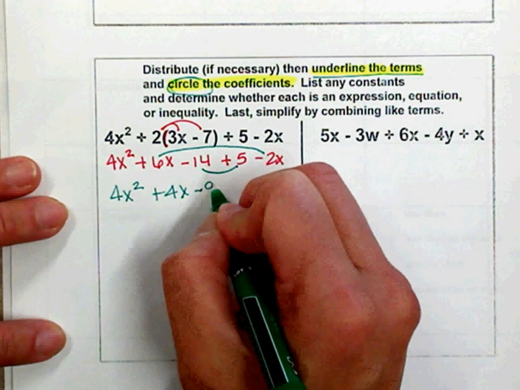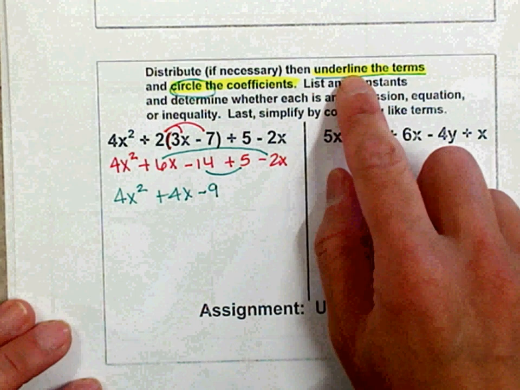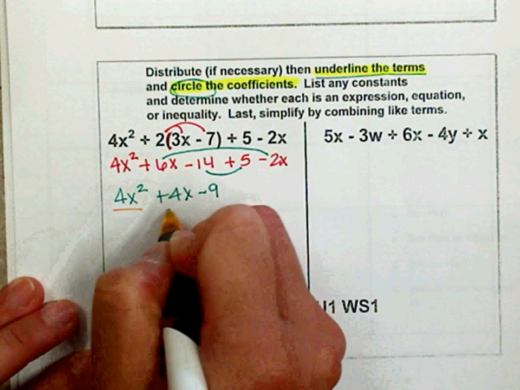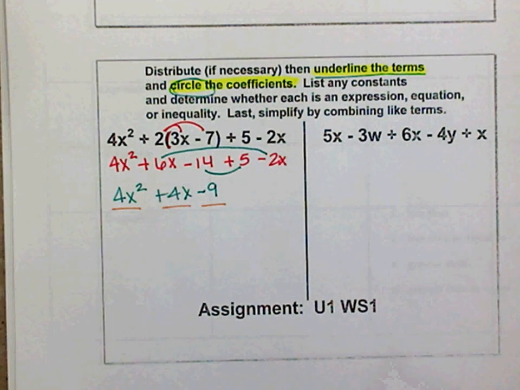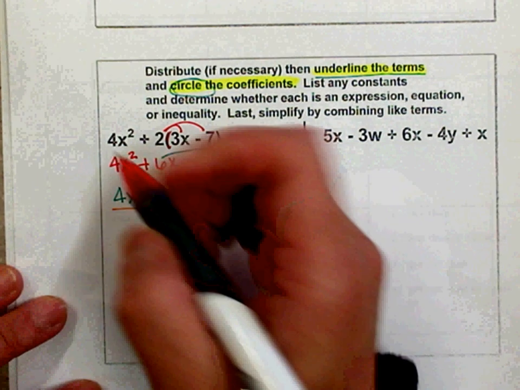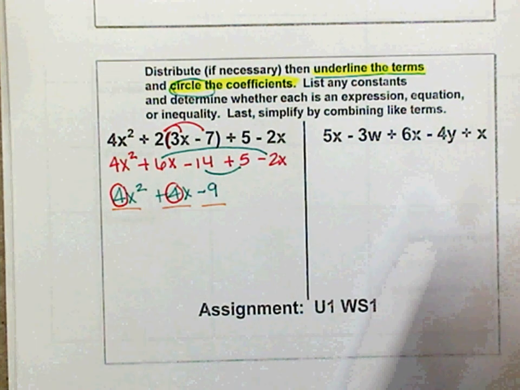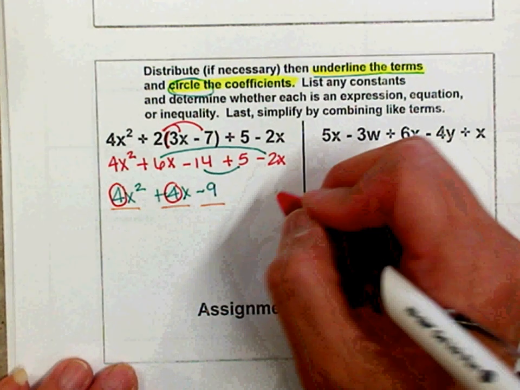All right, underline the terms. So we're going to underline the terms. 1, 2, 3. Now we just underline the terms. Circle the coefficient. Okay? So I'm going to circle 4, and I'm going to circle this other 4. That's your coefficient. What is your constant? My constant is negative 9.